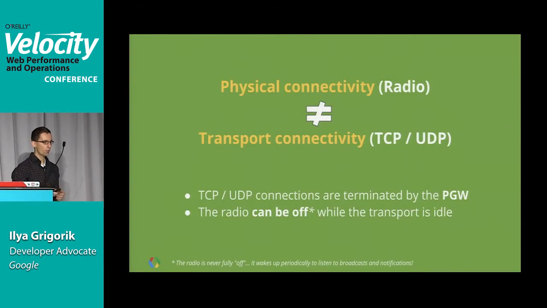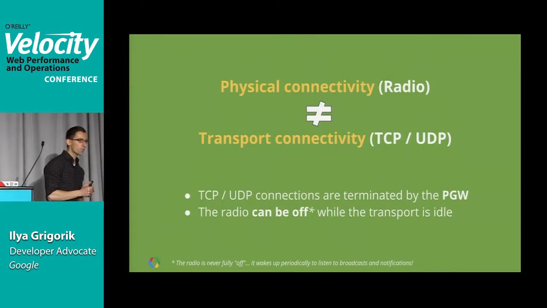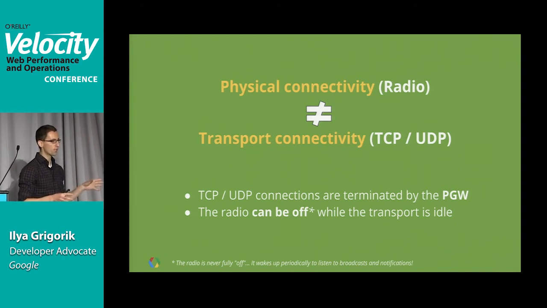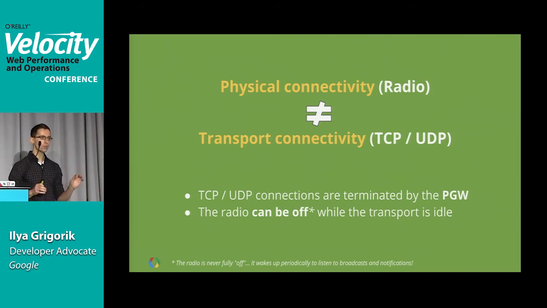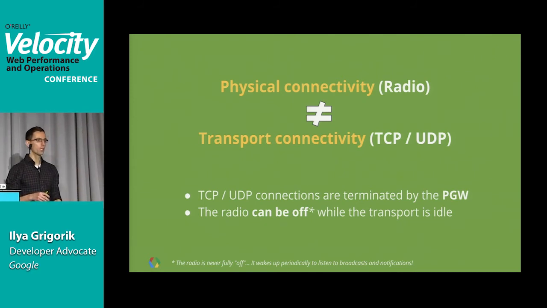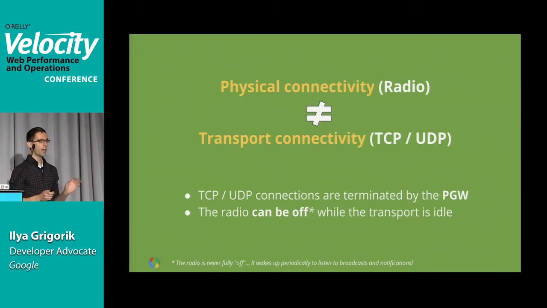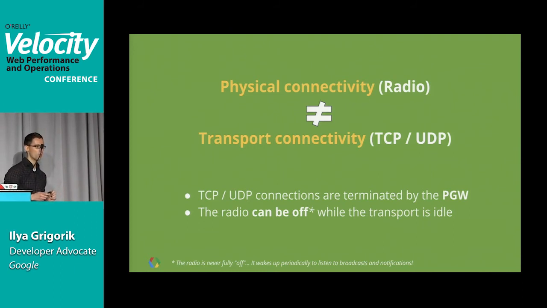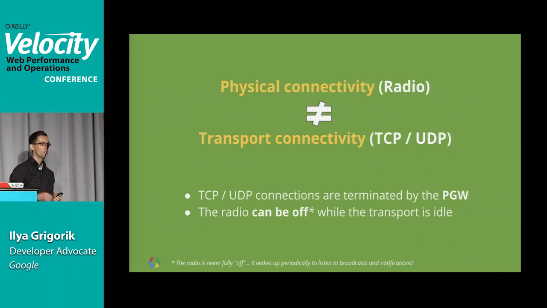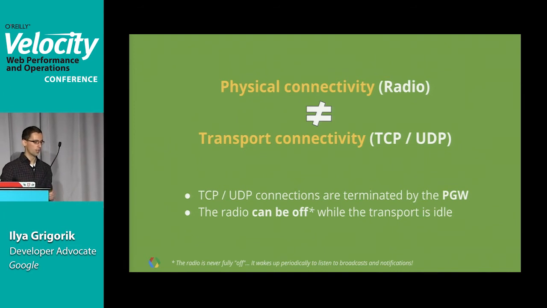So the reason this is important is the physical connectivity and the transport connectivity at the TCP or UDP layer are two completely independent concepts. Your radio can be off, meaning it's idle and sitting in my pocket, and the TCP connection is still active, right? I think there's a lot of confusion here. Your phone doesn't need to be on for the TCP connection to be alive. So there's no reason to try and keep the connection alive.